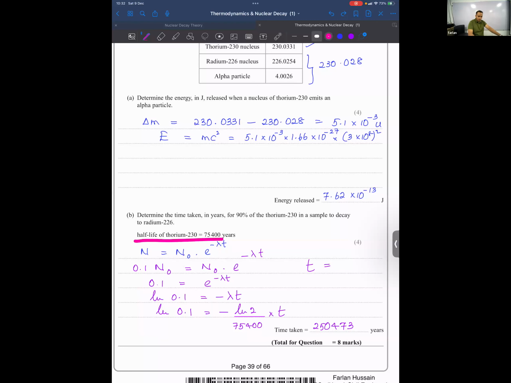The half-life of thorium-230 is given as 75,400 years. So I have taken it in years itself because the final answer for t, I need it in years anyway. Okay. So simplify it, you get the answer.